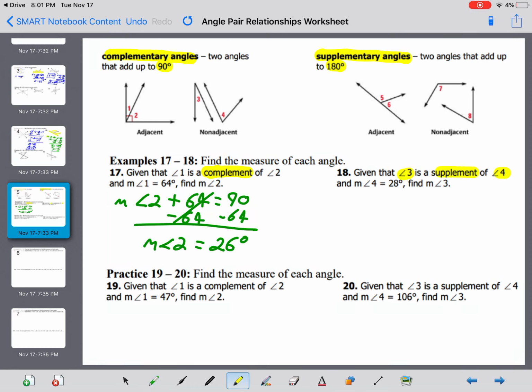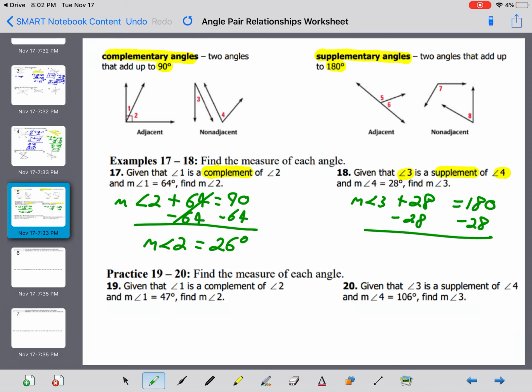Angle 3 and angle 4 are supplements of each other, which means they equal 180 degrees. If the measure of angle 4 is 28, what's the measure of angle 3? So the measure of angle 3 plus 28 equals 180.